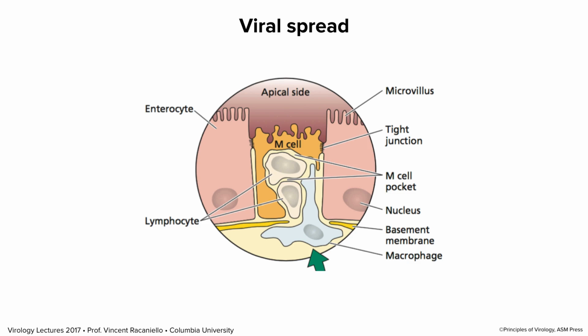There's a nice layer of enterocytes. Well, it turns out that in the intestine anyway, the M cell is a good portal of entry, as I've just suggested. Its job is to allow things to come through, so many viruses bind M cells and get passed through them by transcytosis.